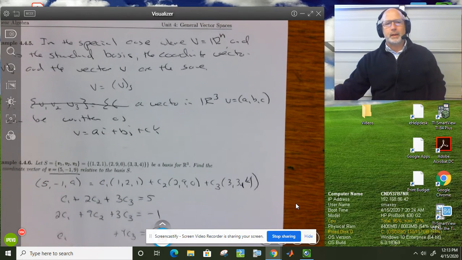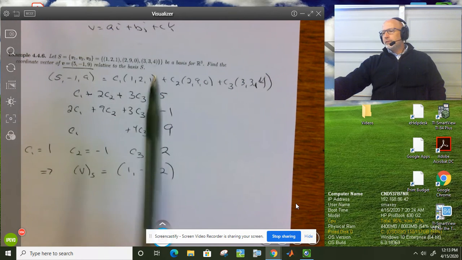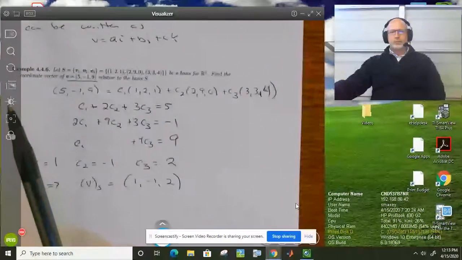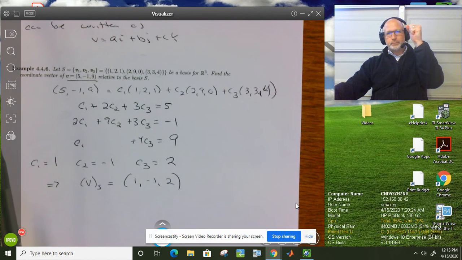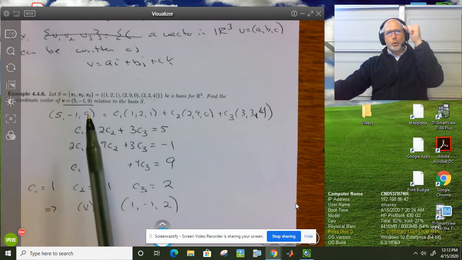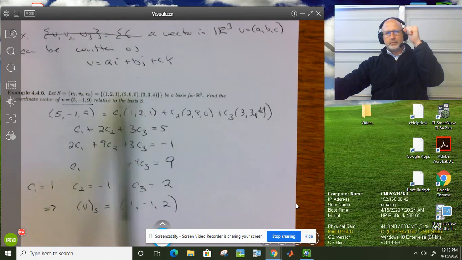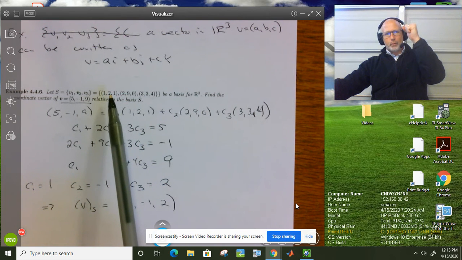Okay, so what does that mean? Interpret that. What that means is this point, 5, negative 1, 9, in the typical standard basis vectors that we're used to, represents some point in space. Now if I take that point in space and change the coordinate system, instead of i, j, and k, to the axes v1, v2, v3, this set right here, then this point we no longer call 5, negative 1, 9.